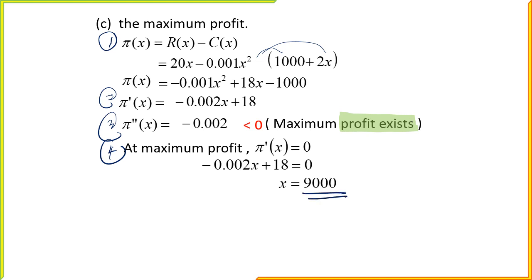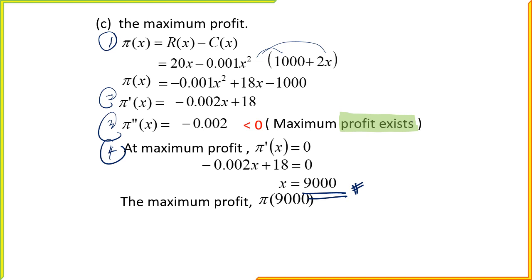Okay, so we will get the maximum profit if we sell 9,000 microchips. At 9,000 units, we will have the maximum profit. If we continue beyond that, we will not have the maximum profit. So we get the production level of the maximum profit. So what is the maximum profit? We just substitute the quantity into the profit function.